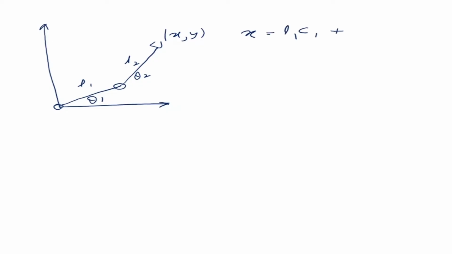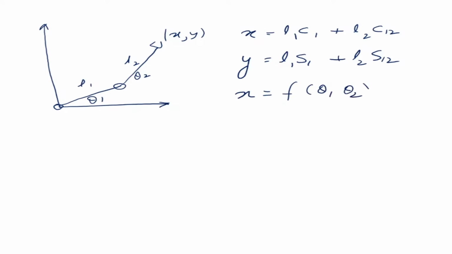This we have seen quite a few times earlier. y is equal to L1 sin theta1 plus L2 sin(theta1 plus theta2). This gives a position relationship between the position of the joint and the position of the end effector. So I can write this as x is equal to a function of theta1 and theta2. Okay, so this gives a position relationship.